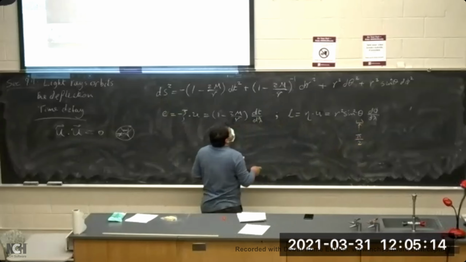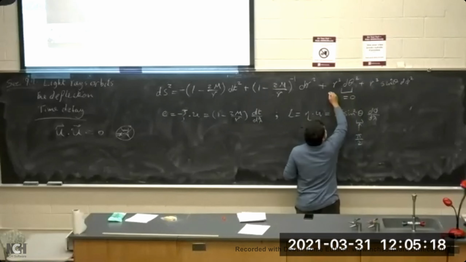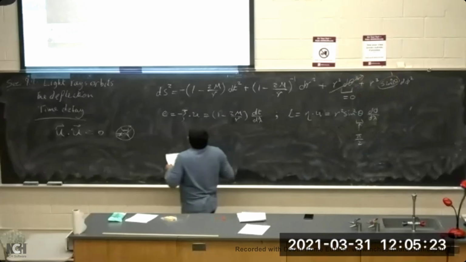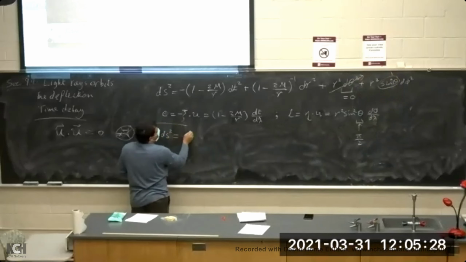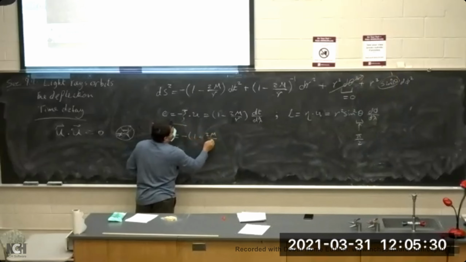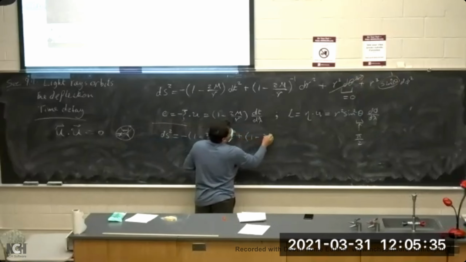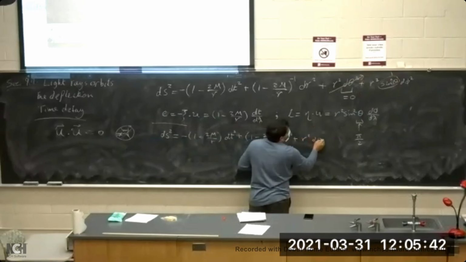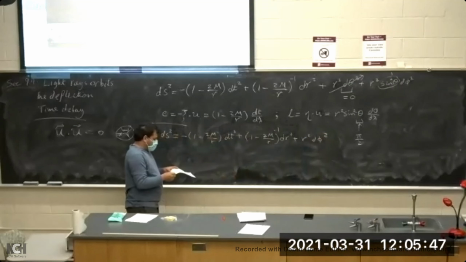In this case also, d theta will be equal to 0, so we don't have this term. Sin theta will be equal to 1. So the line element now is ds square equal to -(1 minus 2m over r) dt square plus (1 minus 2m over r)^-1 dr square plus r square d phi square.